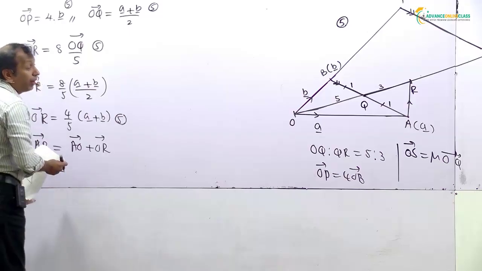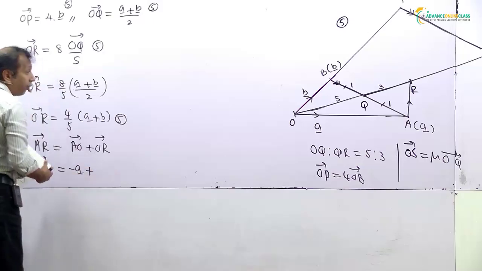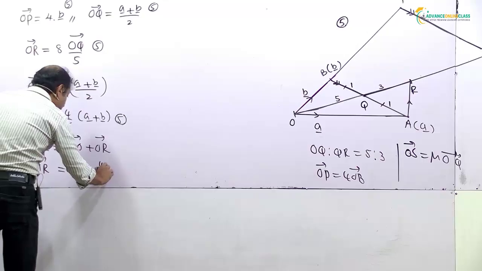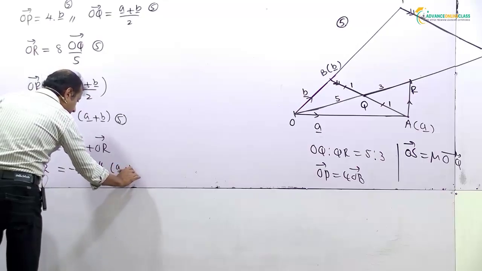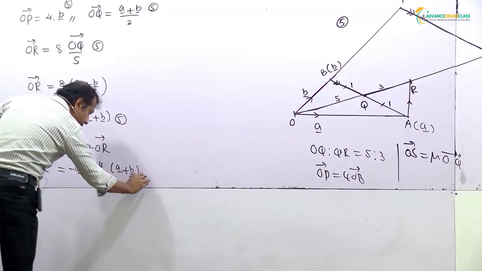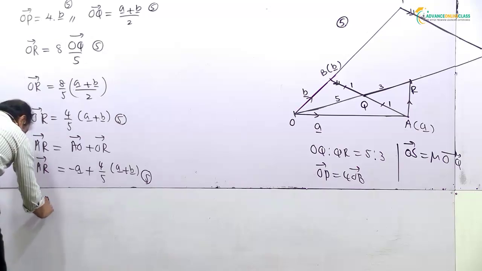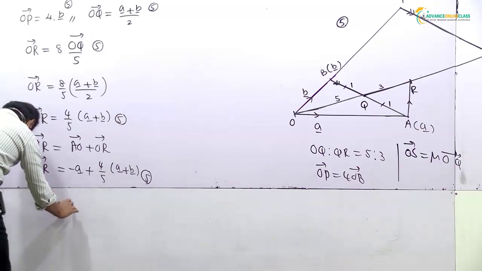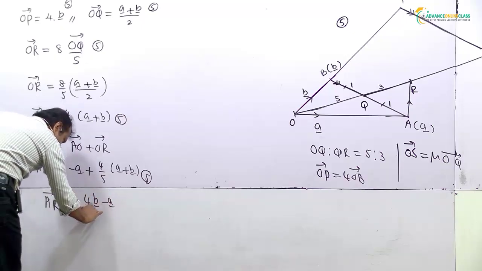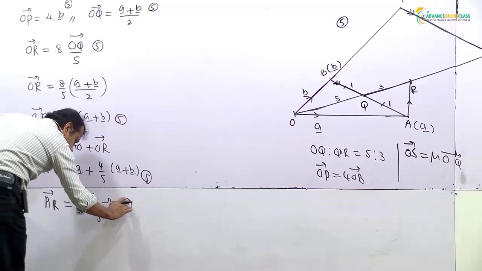AO vector, O to A vector is A, so A to O is minus A. Minus A. OR vector just now found here, 4 by 5, A plus B. Then for this, 5 marks. Then simplify this. We get the AR vector. The AR vector comes 4B minus A, divided by 5. For this, 5 marks.